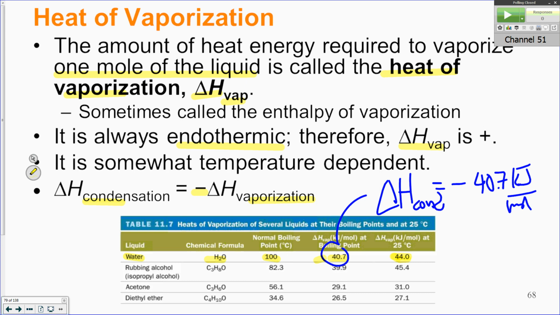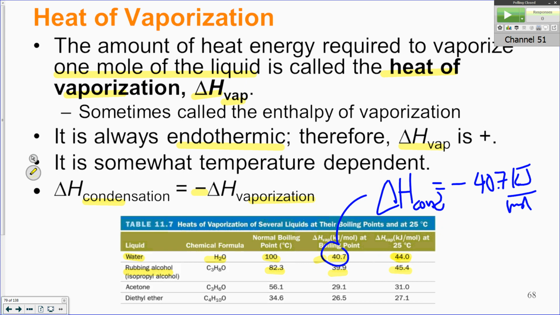Not a huge change. Rubbing alcohol, isopropyl alcohol, has a boiling point a little lower, 82 Celsius. Its enthalpy of vaporization is almost the same, just a little increase as temperature goes down.